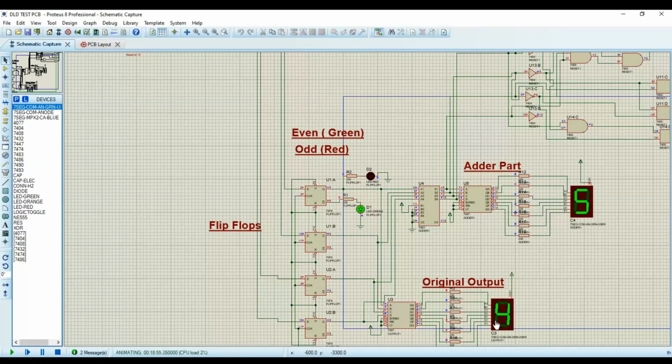Any even number always has 0 at its least significant bit position. Any number with the least bit as 0 is considered an even number, and any number with 1 at its least significant bit position is considered an odd number. So the green LED indicates an even number and the red LED indicates an odd number.